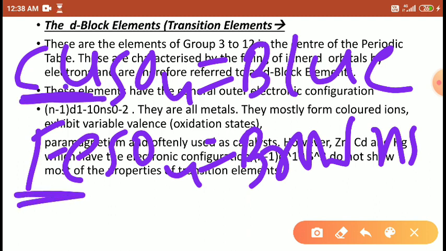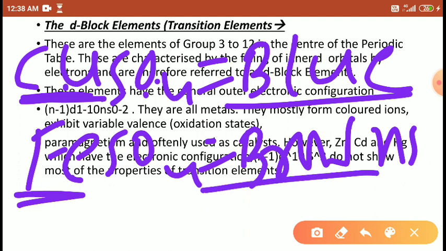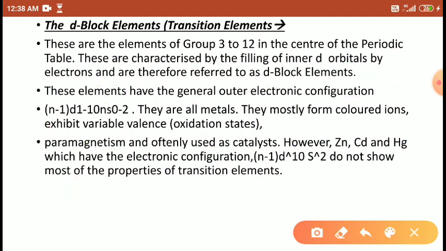When they react with some species, they give colored compounds, right?